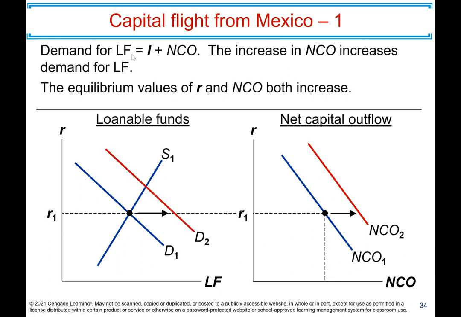Demand for loanable funds, that is, I plus NCO. The increase in NCO increases demand for loanable funds, so demand shifts to the right from D1 to D2. The equilibrium value of R and NCO both increase. So interest rate goes from R1 to R2.